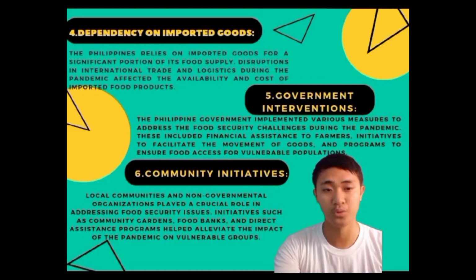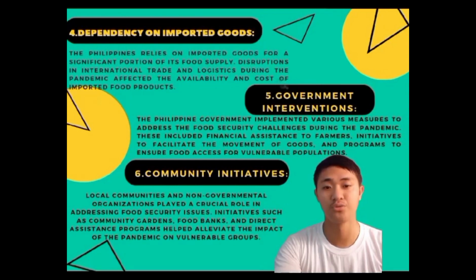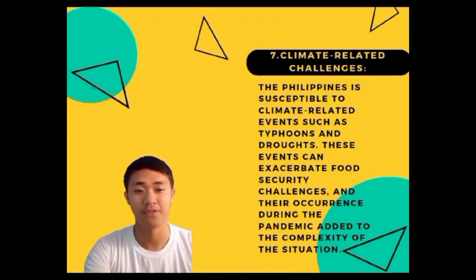Sixth is community initiatives. Local communities and non-governmental organizations played a crucial role in addressing food security issues. Initiatives such as community gardens, food banks, and direct assistance programs helped alleviate the impact of the pandemic on vulnerable groups.